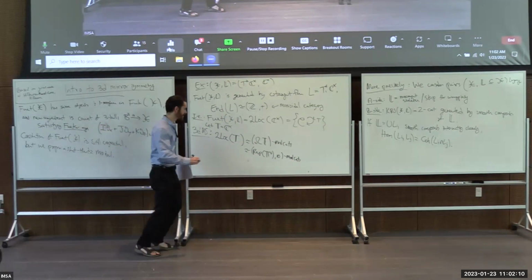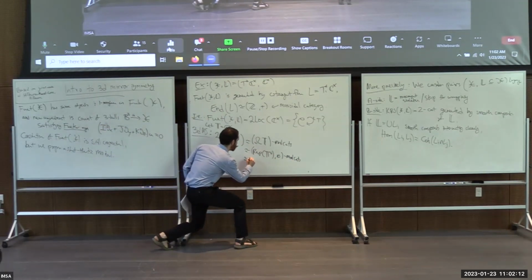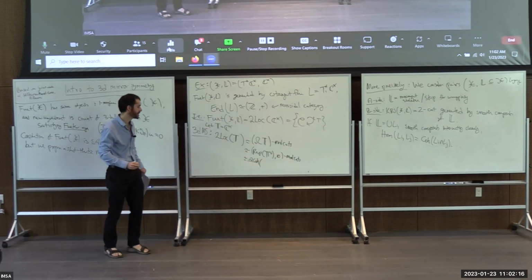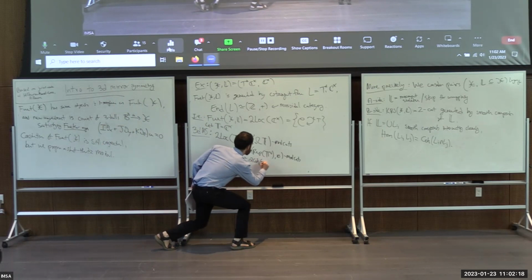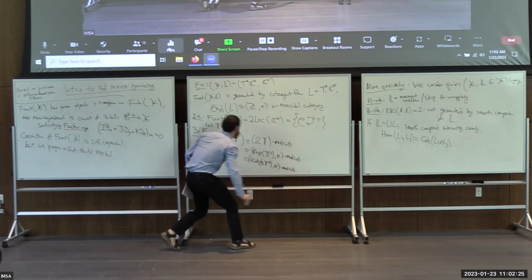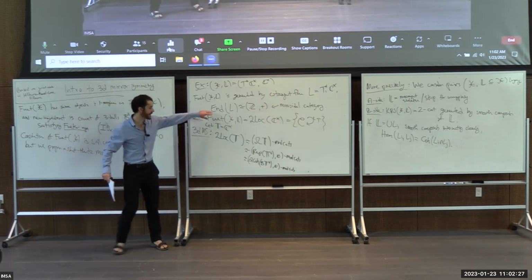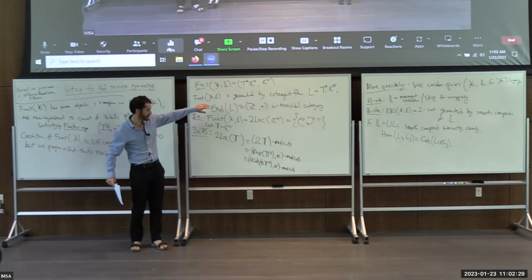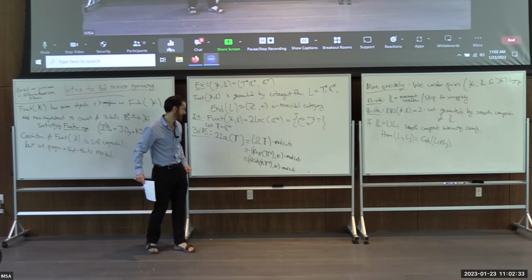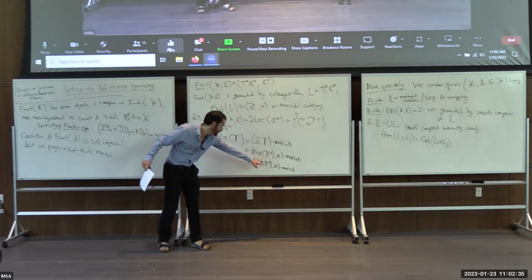Of course, representations of the dual torus is equivalent to quasi-coherent sheaves on B of the dual torus, on the classifying stack of the dual torus. So in other words, this 2 category here, which I've sketched, is equivalent to a 2 category with one object, such that the endomorphisms of that object are quasi-coherent sheaves on this stack.